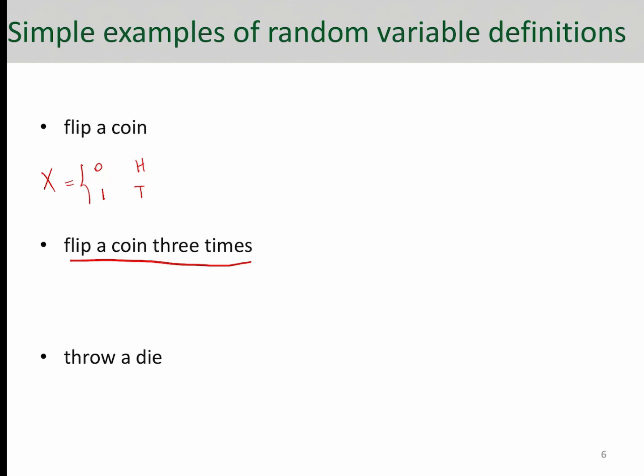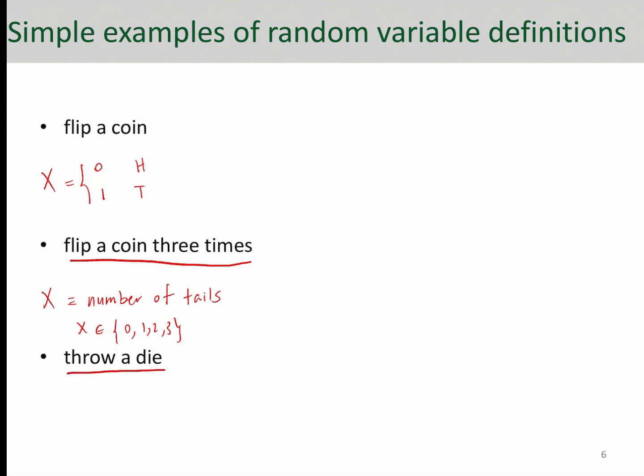For example, here you can define a random variable x as the number of tails, right, or number of heads. If I define this as number of tails, the range of this random variable would be from 0 to 3, right? Maximum you can get 3 tails, minimum 0.